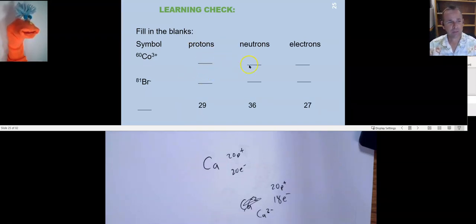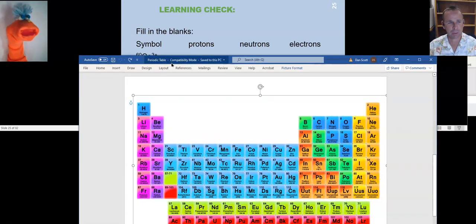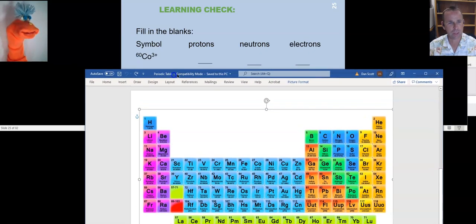What do you think, Fred? How many protons? Looking at cobalt on the periodic table, I guess it's 27 protons. Very good, 27 protons. And how many neutrons? Oh, I just saw it, it was 33. Okay, so if you didn't see it, how would you know? That 60 is the sum of the protons and neutrons. That's good, that's called the mass number.